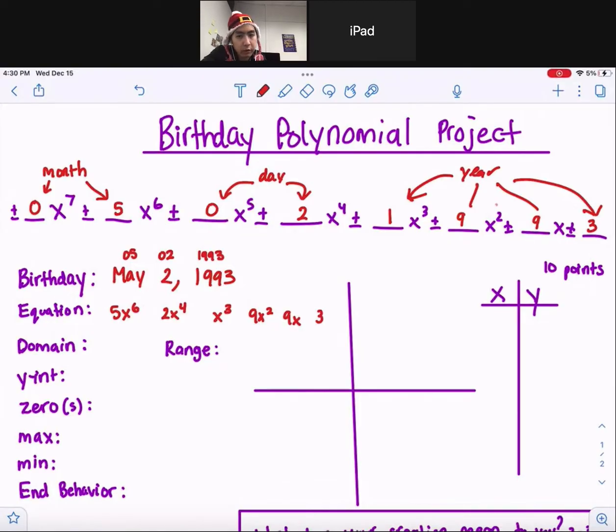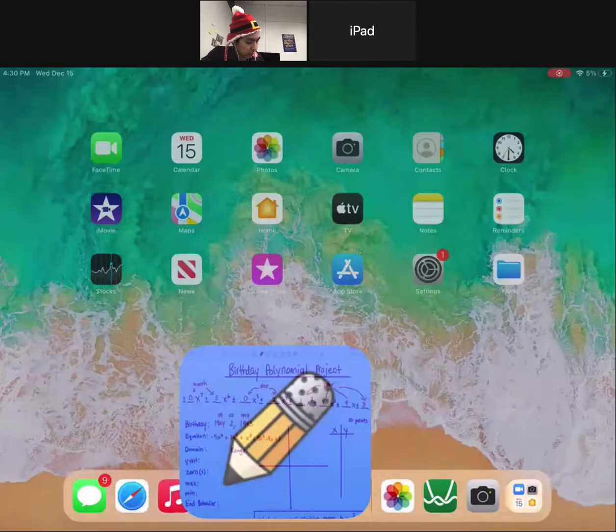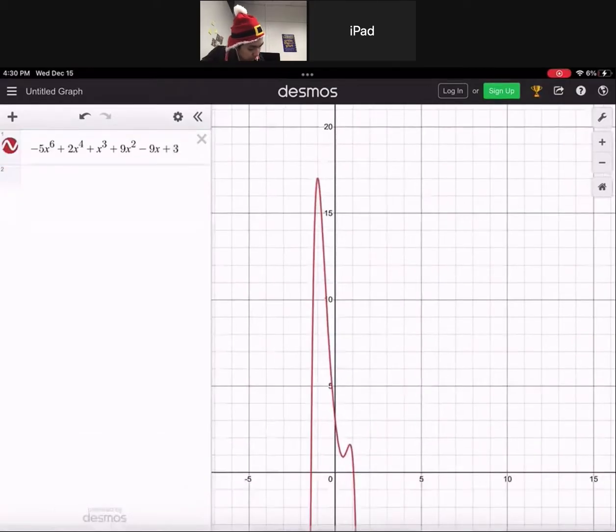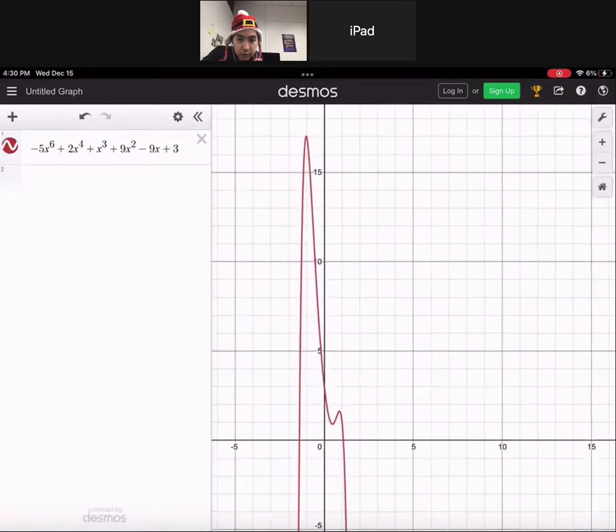Now you guys could fiddle around with the plus and minuses because that could change your curvature. I believe what I did was make all of these positive and that one negative. So again, doing pluses and minuses will change your curvature the way you want it. If you take a look at this, you could change your graph to how you want it, and this would be the graph.